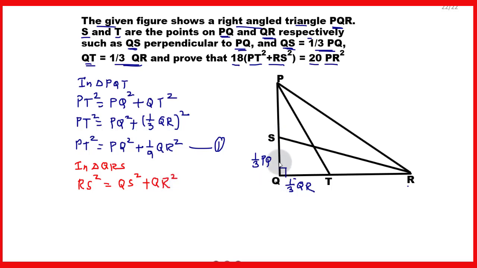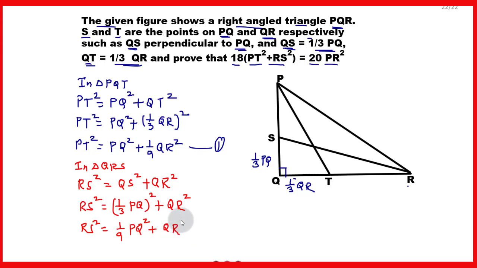But this QS is what? It is 1/3 of PQ. So put the value. RS square is equal to 1/3 of PQ bracket square plus QR square. Now solve this. RS square will be equal to 1/9 PQ square plus QR square. Let this be equation number 2.